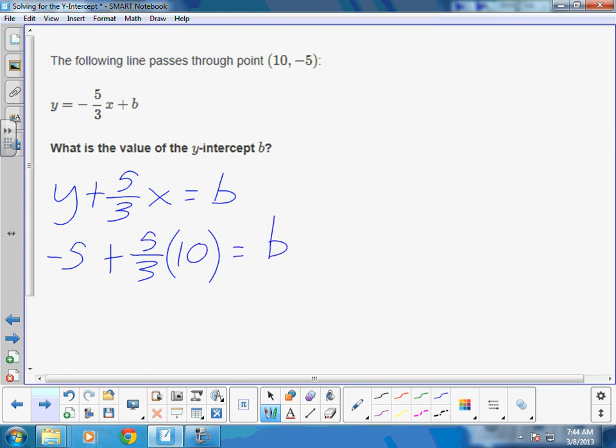That will equal b. 5/3 times 10 is 50/3, minus 5 plus 50/3 equals, and when I do that on my handy dandy calculator, that is 11 2/3.